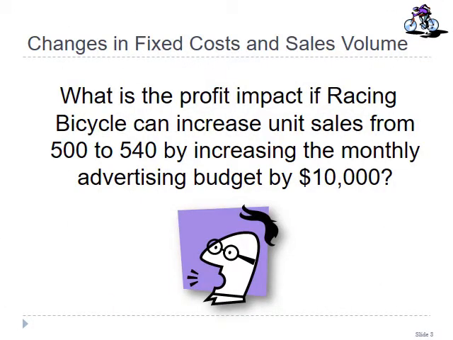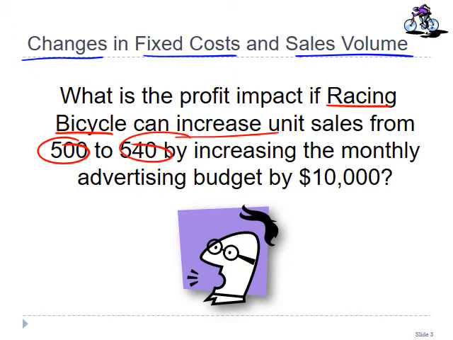So in order to find out changes in fixed cost and sales volume, let's assume that the management of RBC can increase unit sales from 500 to 540, and the monthly advertising budget is increased by 10,000.